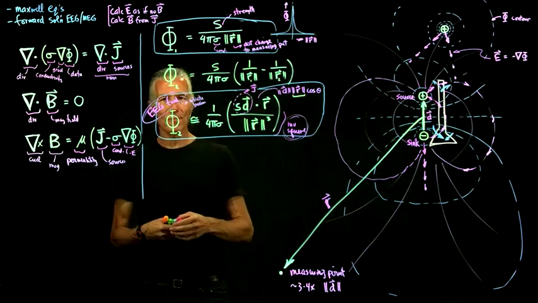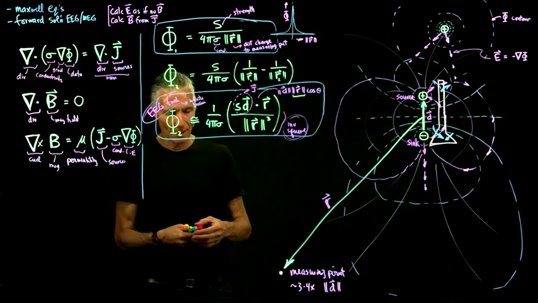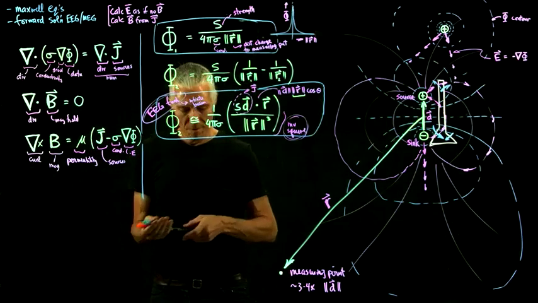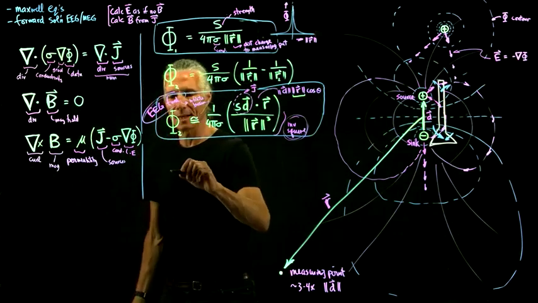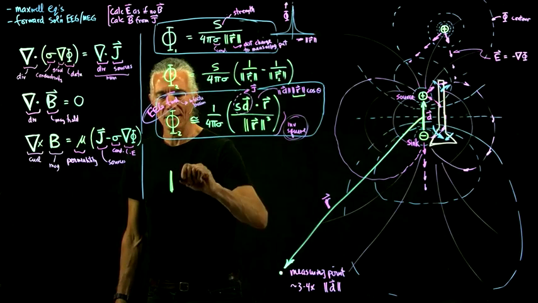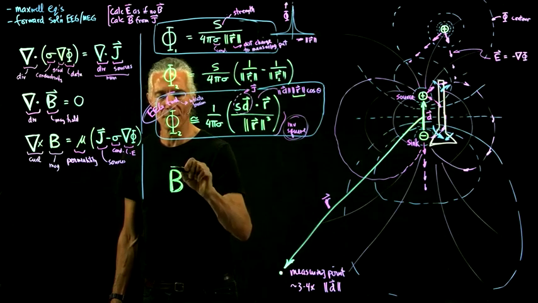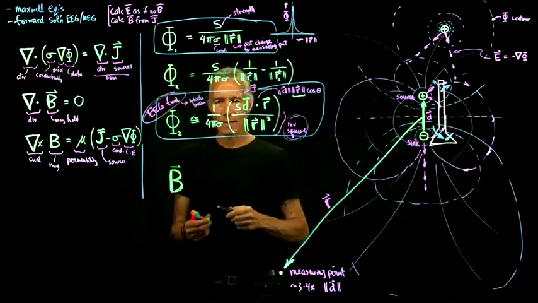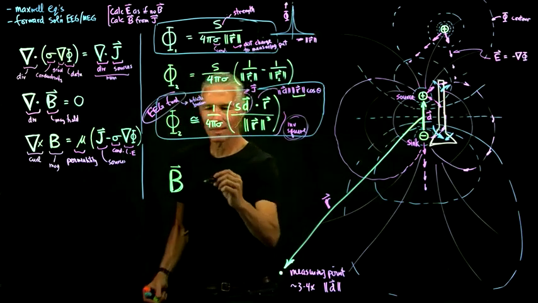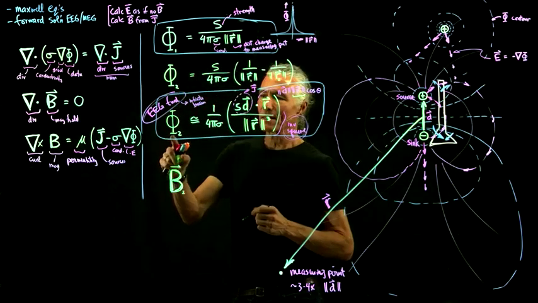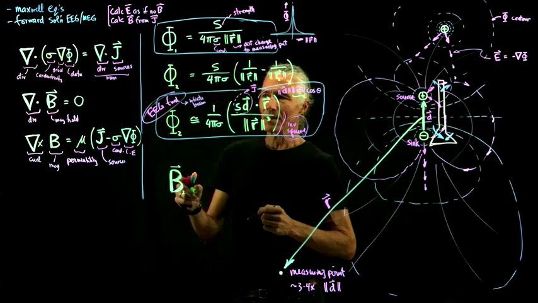Okay, so that's the EEG forward solution, but using the simple Maxwell equations, we can calculate the MEG forward solution. It's different from the EEG because, we'll call it B, the B field is a vector.